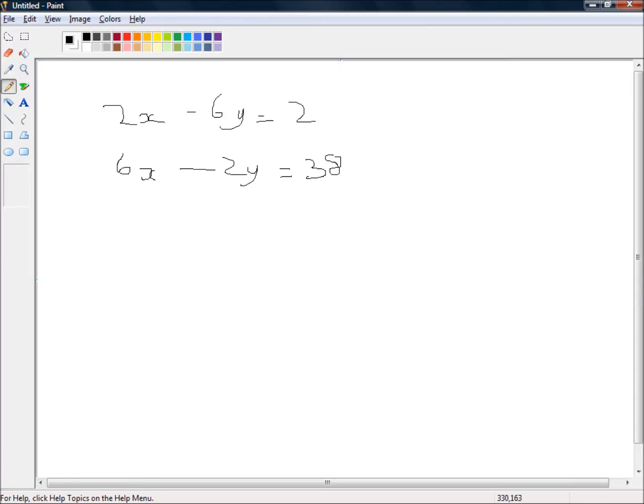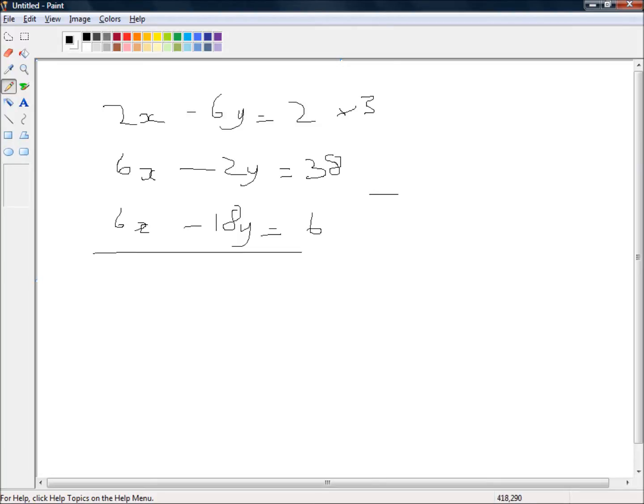Okay, well again, we can't just add or subtract them, so we've got to manipulate these in order to make them so that we can add or subtract them in order to eliminate a variable. In this case, I'm going to take the top one and multiply it by 3. So 2x times 3 is 6x. Negative 6y times 3 is negative 18y. And 2 times 3 is 6.